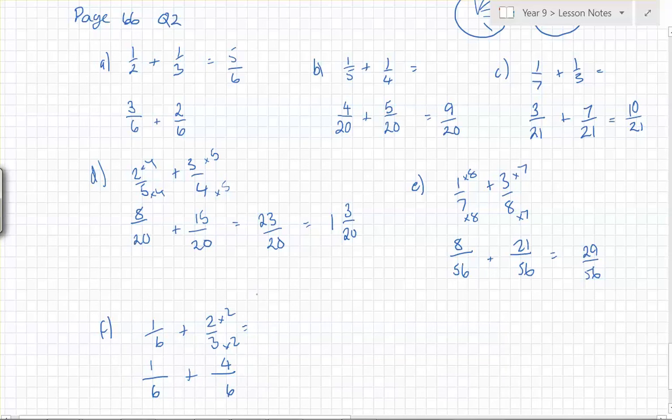Now, if you had done 18, what would your answer have been? So it would be 15 over 18, which simplifies. So you'd have been able to divide both by 3 and have 5 over 6. Or we'd have just done it to the lowest and had 5 over 6 anyway.